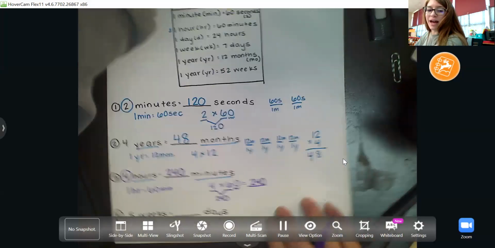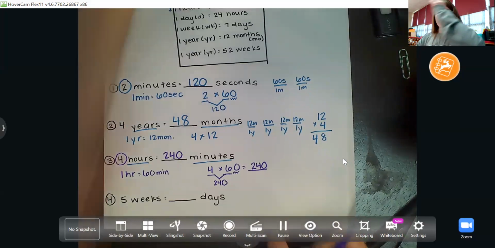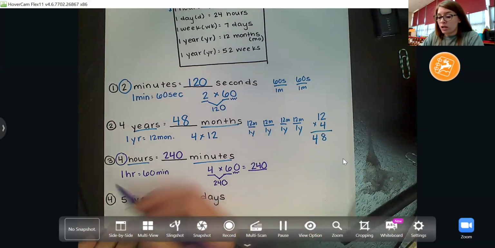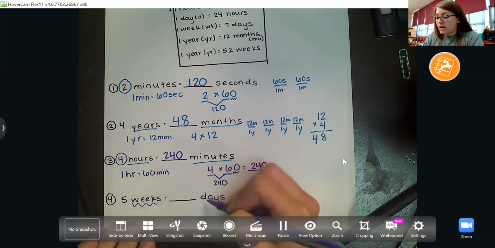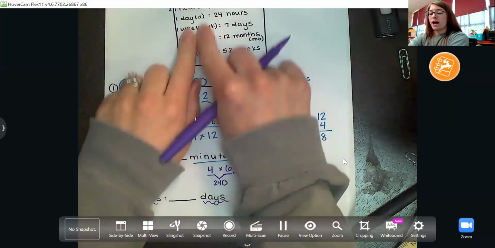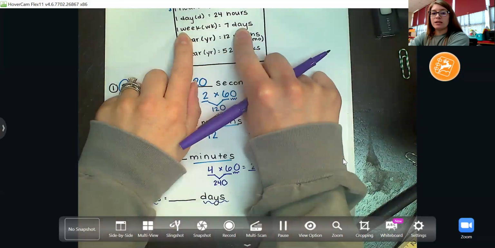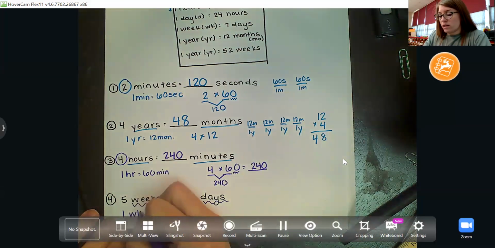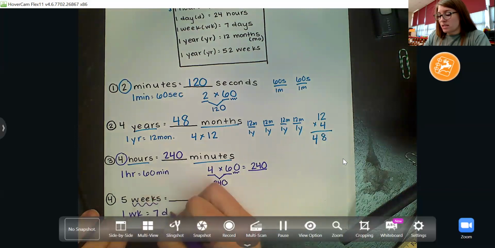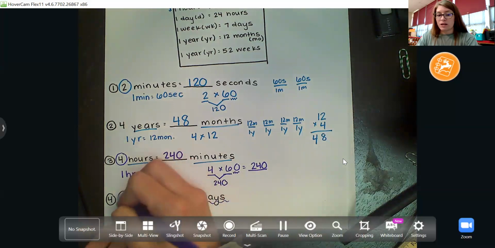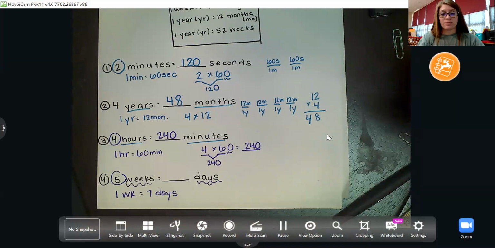All righty. Last one we are looking at here. 5 weeks equals how many days? So we know we are changing weeks into days. So if I come up here, I find that 1 week is equal to 7 days. So if 1 week is equal to 7 days, how am I going to figure out how many days are in 5 weeks?